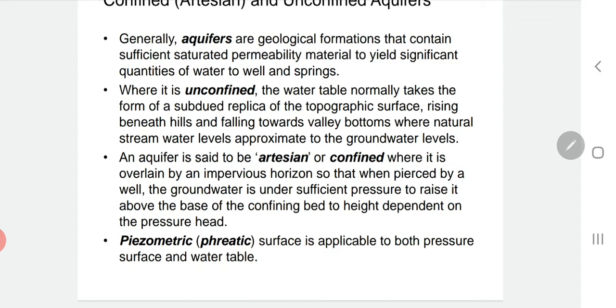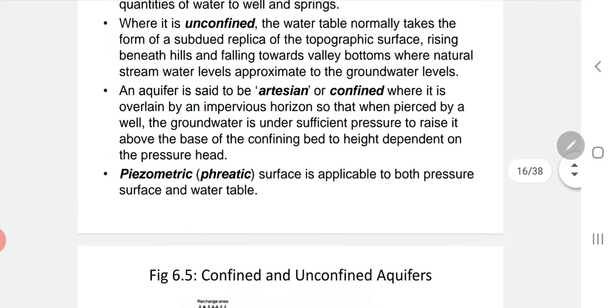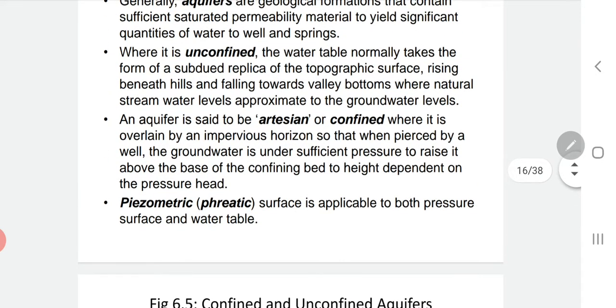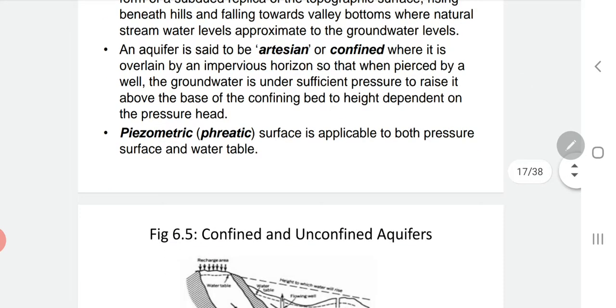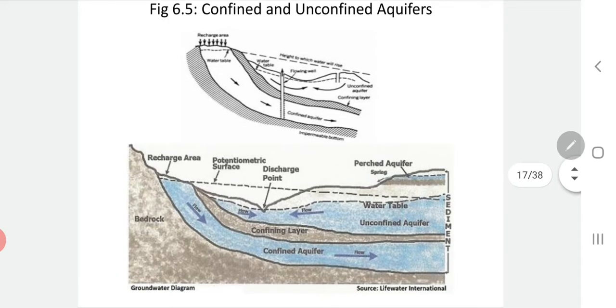An aquifer is said to be artesian or confined where it is overlain by an impervious horizon, so that when pierced by a well, the groundwater is under sufficient pressure to rise above the base of the confining bed to a height dependent on the pressure head. And of course, we do have the piezometric surface, which is applicable to both pressure surface and water table.